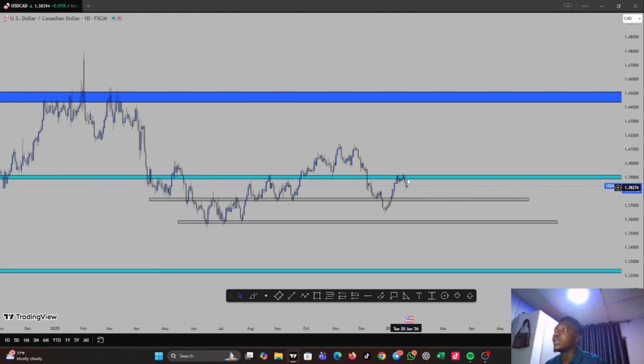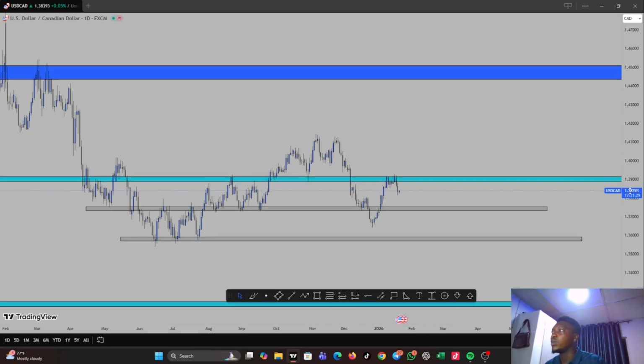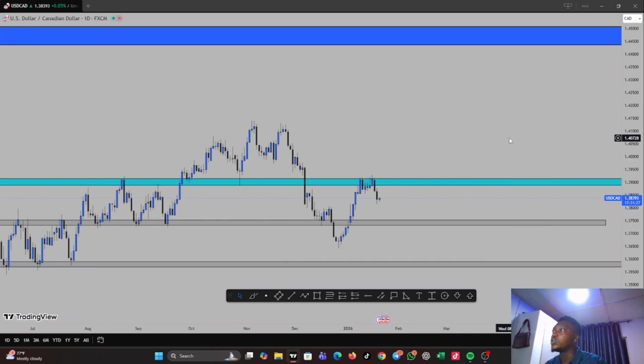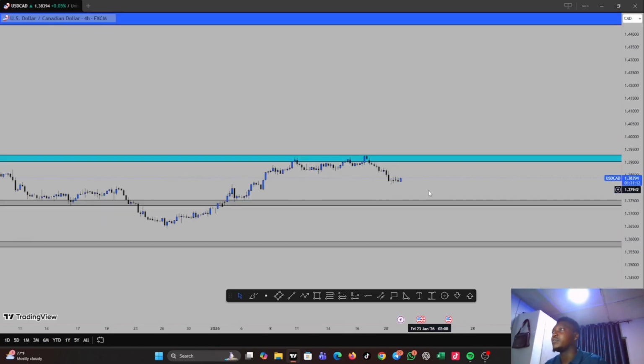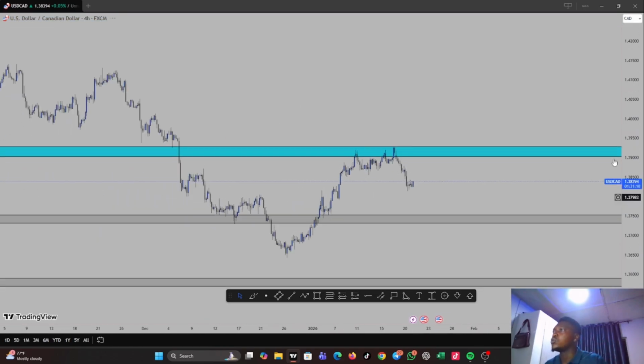Here we can see a simple break and retest, and we can look for a sell opportunity. From here we have a double top pattern, which signals a trend continuation in the bearish direction.